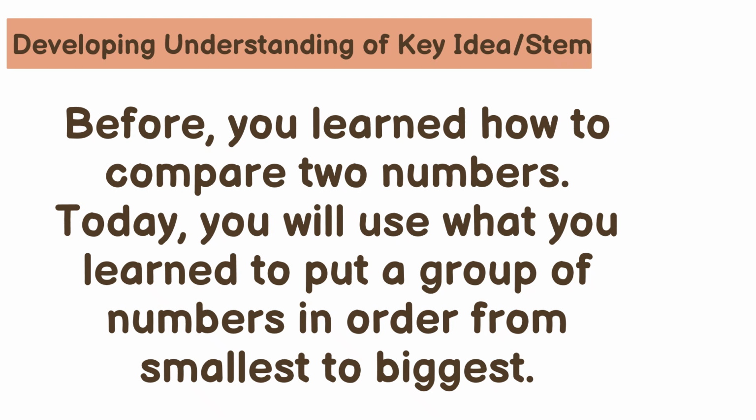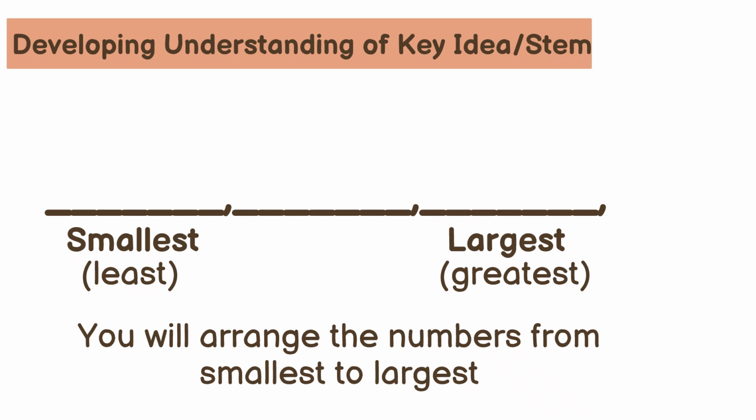Today you will use what you learned to put a group of numbers in order from smallest to biggest. This is how we will arrange the numbers. We have the smallest or the least up to the largest or the greatest. You will arrange the numbers from smallest to largest.